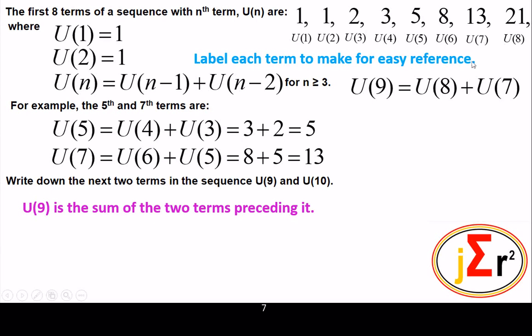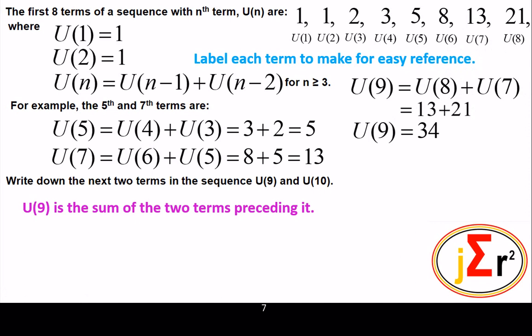Therefore, u9 will be equal to 13, which is u7, plus u8, which is 21. So u9 will be the sum of the two terms before it, term 8 and term 7, and the result is 34.